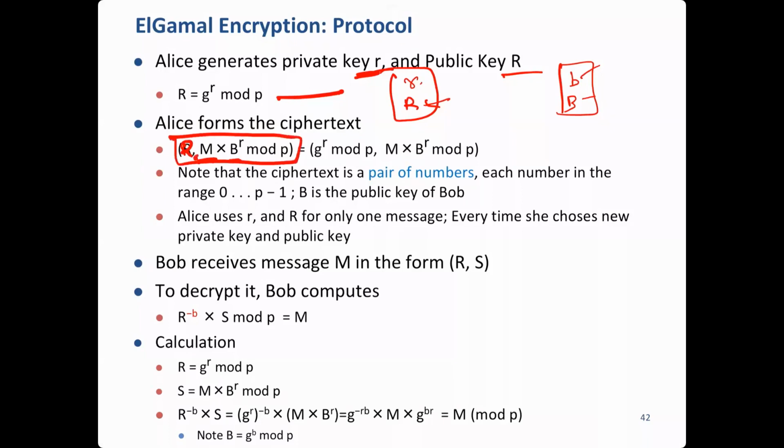That's her own public key and message M, whatever she wants to send, multiplied with Bob's public key raised to the power r. Note that r here is her own private key. So now the ciphertext is G raised to the power r mod P, which is nothing but her own public key R, and M times B raised to the power r mod P.